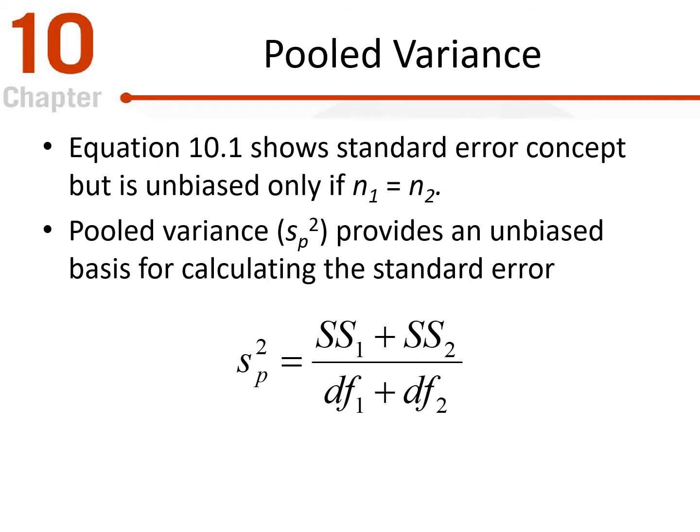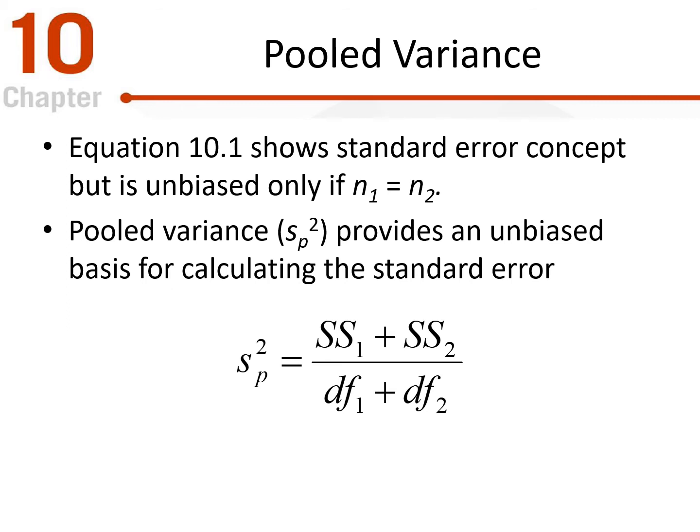If you have equal sample sizes, if n1 equals n2, you just have to basically average out the two variances, and that would give you the pooled variance, just the direct average. So if the variance of group 1 was 10, and the variance of group 2 was 6, and you had the same sample size, it would be 10 plus 6 over 2, which would be 8.